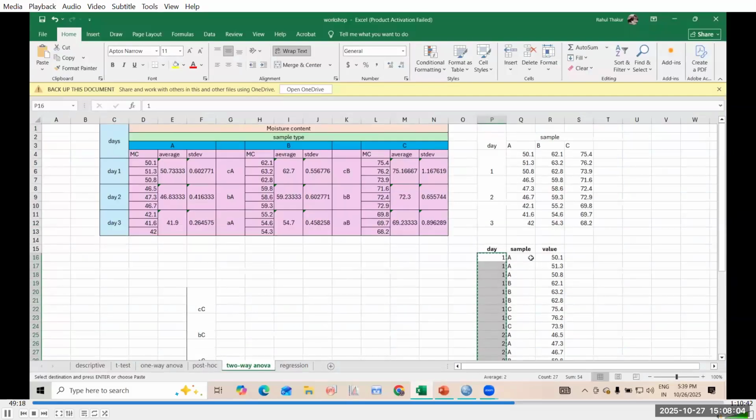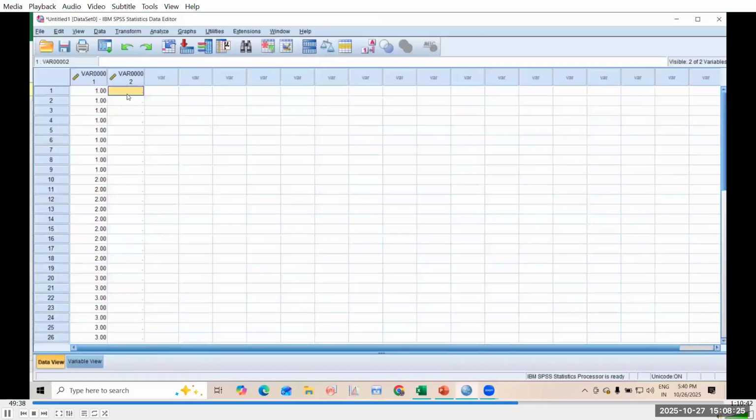As we cannot present anything other than numericals, like A, B, C, or any categorical names, in SPSS, I have to put the sample types as 1.1, 1.2 and 1.3.